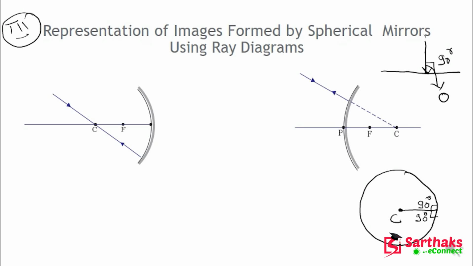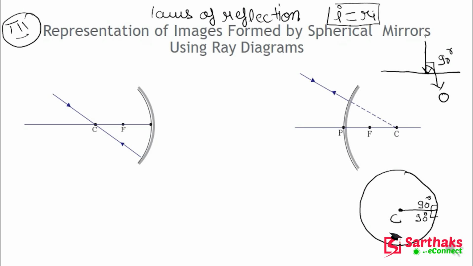Now if the angle of incidence is 0, then according to the laws of reflection, we know that the angle of reflection is always equal to the angle of incidence. So here the angle of incidence is 0, then the angle of reflection will also be 0.